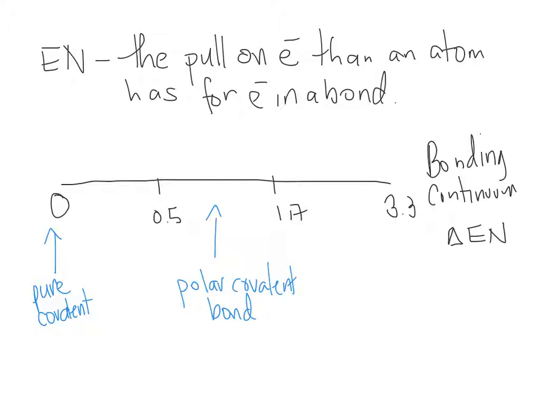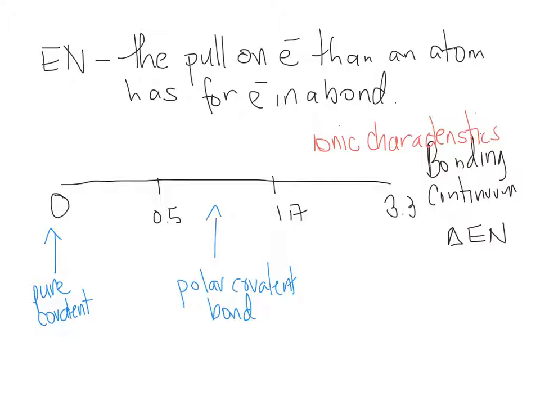If you are greater than 1.7, we say you have ionic characteristics. You can be covalent and fall in that range.